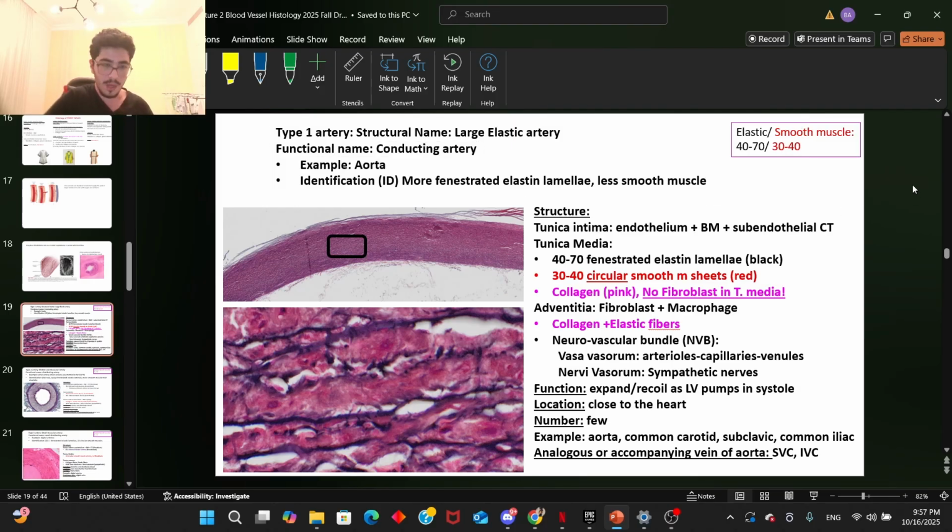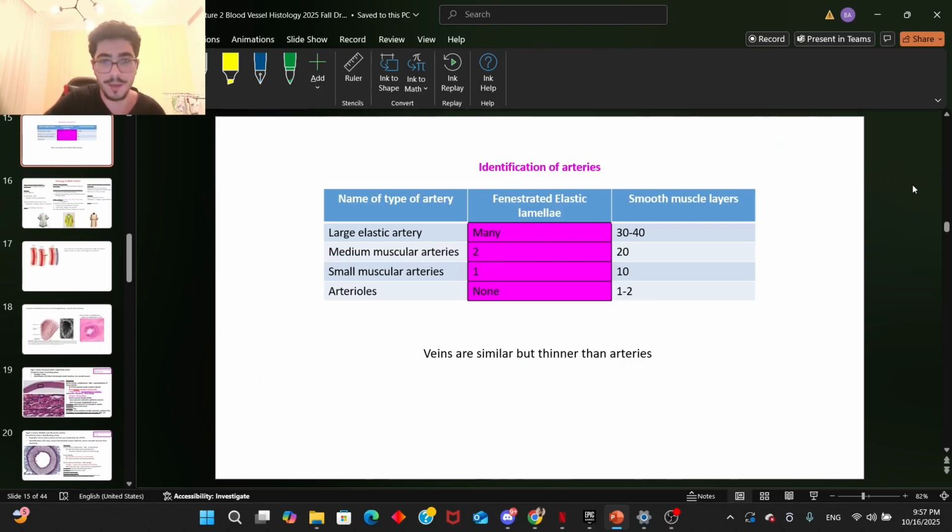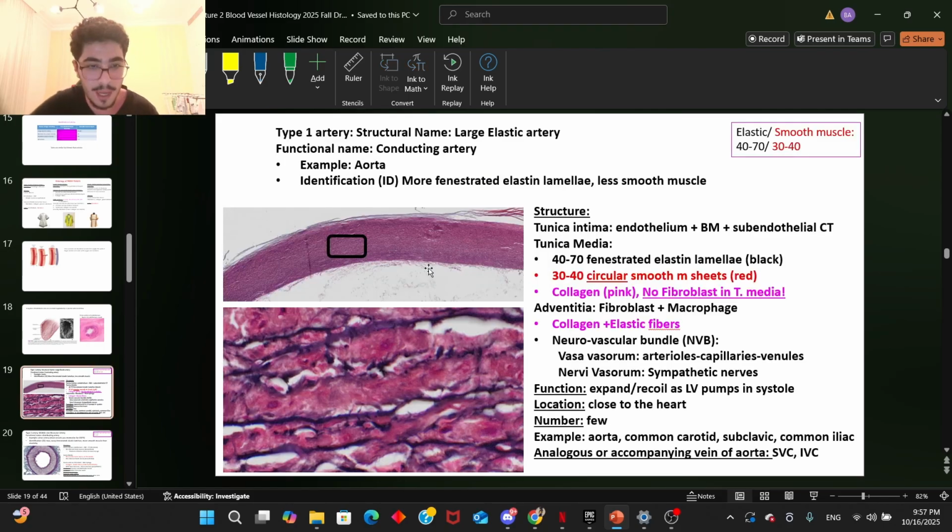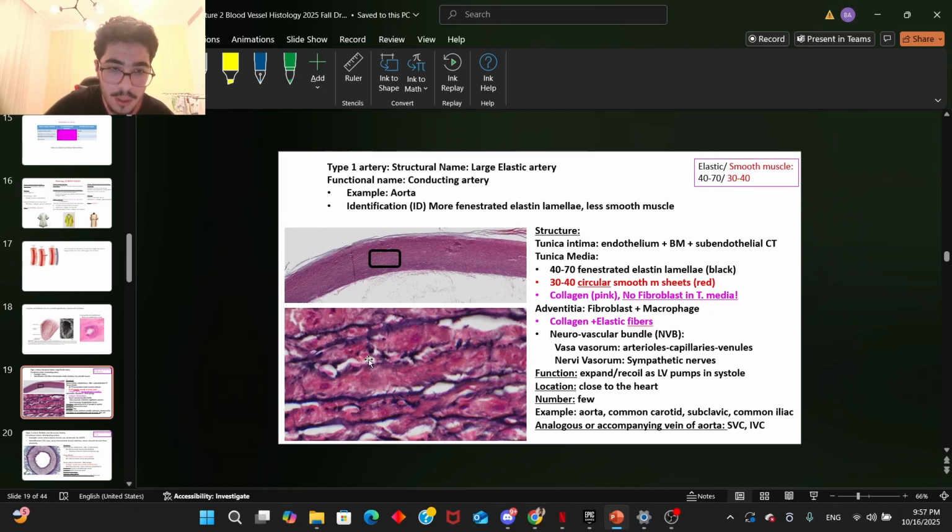Now we're going to go back to here real quick, okay? So how much fenestrated elastic lamina? Many. What are the smooth muscle layers? 30 to 40. Let's see what that means. If we zoom in here, you see these black things, this black thorn-like line.